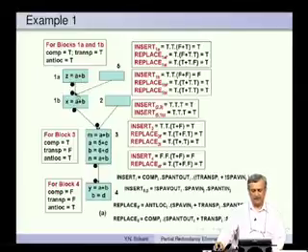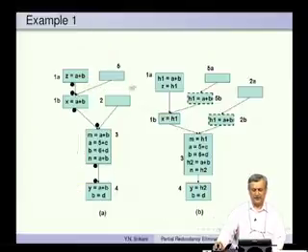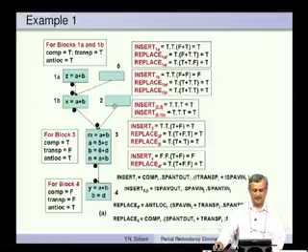Along this path it is partially available, along this path a plus b is not partially available at all. So, we need to break this edge and then insert h equal to a plus b. The same is true along this edge as well. Here it is not safe partially available, along this path it is safe partially available, and at this point it is safe partially anticipable. So, we break this edge.